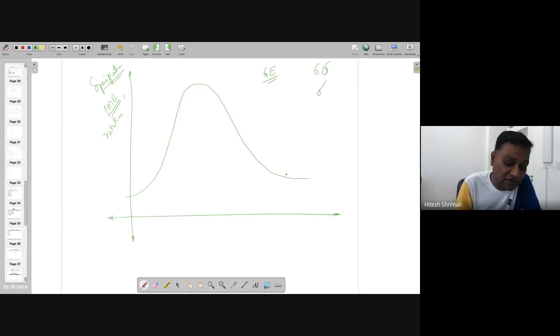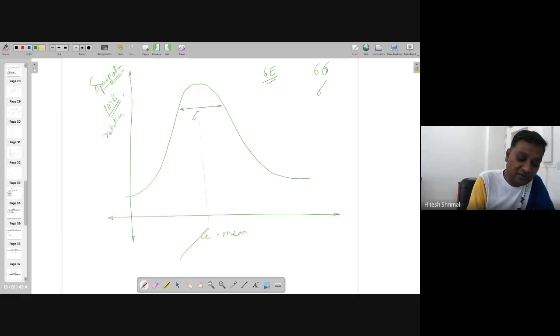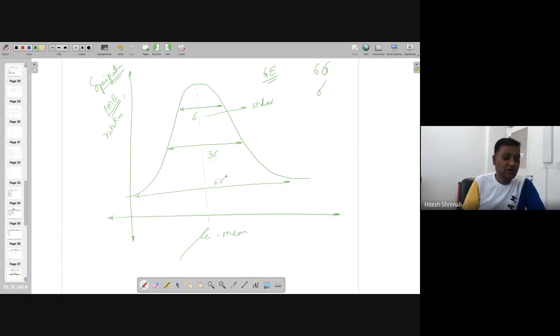Because the world is Gaussian, you can see such a Gaussian curve, and you know that this is the mean value. This is going to give me sigma, which is the standard deviation. This is 3 sigma, multiplied by 3, and almost here you will see 6 sigma. So what does it mean when you say sigma, or 3 sigma, or 6 sigma?